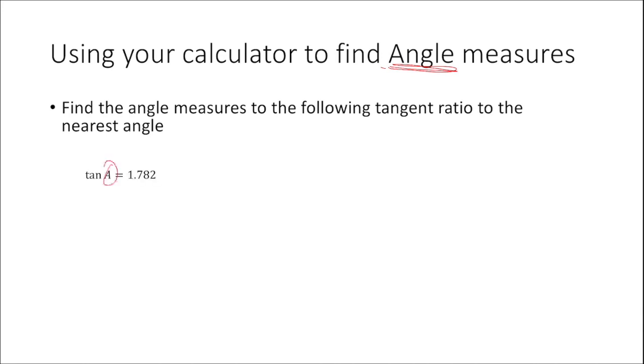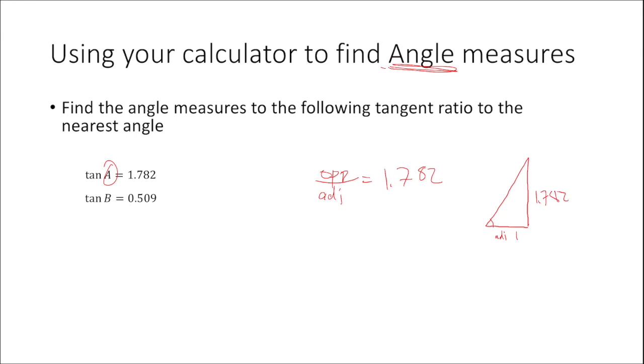So it's saying, what's the angle A when the tangent ratio is 1.782, which means opposite over adjacent equals 1.782, which means the opposite is about 70% larger than the adjacent. That's my adjacent. And my opposite, if my adjacent was 1, my opposite would be 1.782.